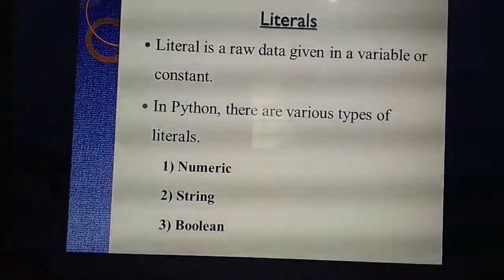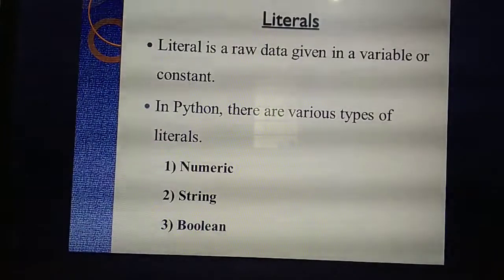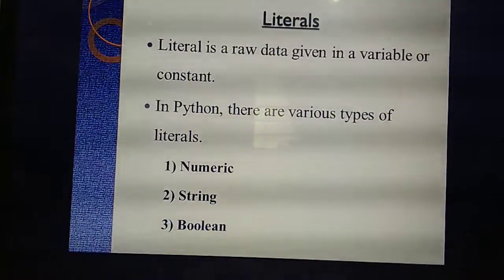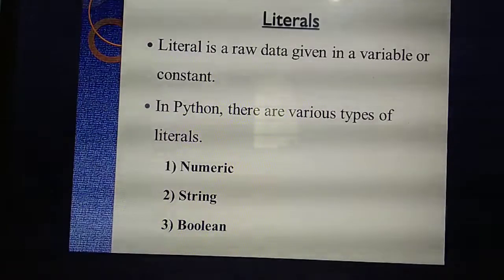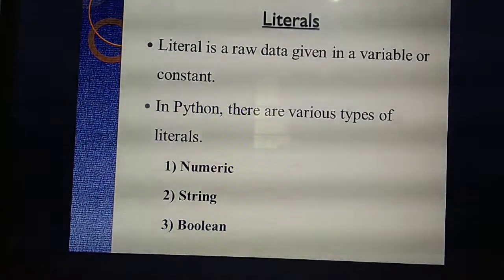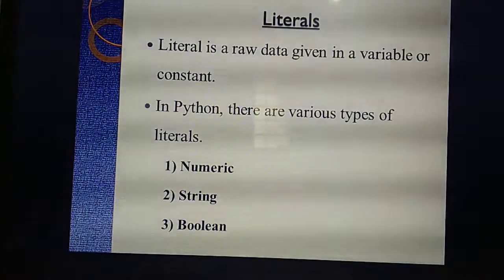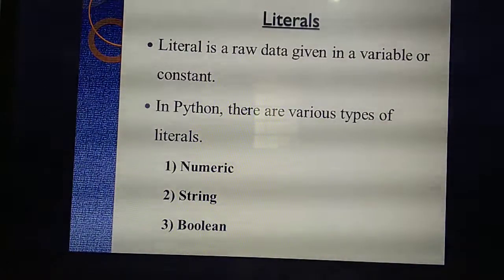Along with that variable or constant, you are giving some raw data. What do you mean by constants? Pi equal to 3.14, that's a constant value. Likewise, along with that constant and that variable, you are adding some raw data. That is called literals.